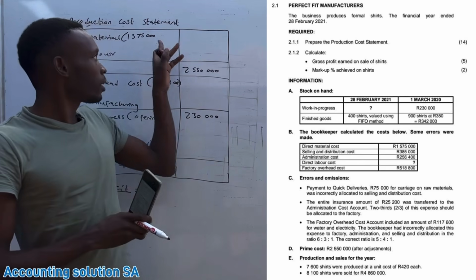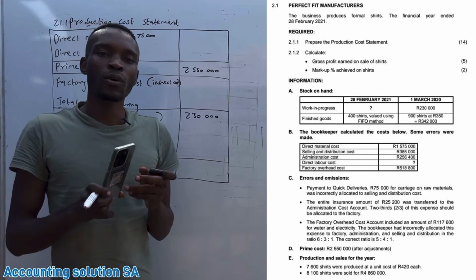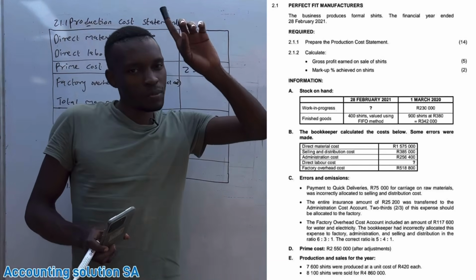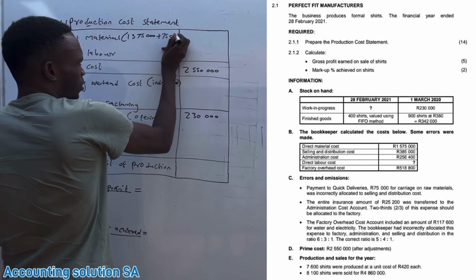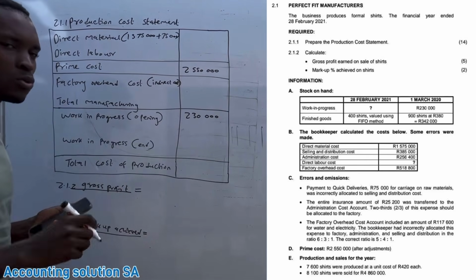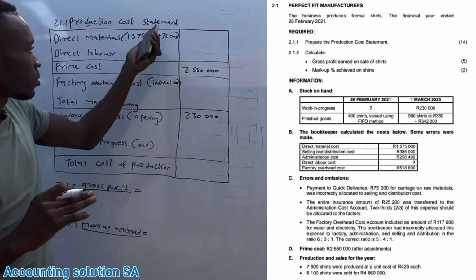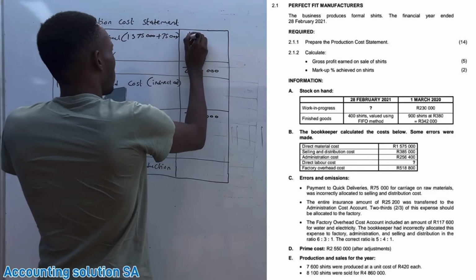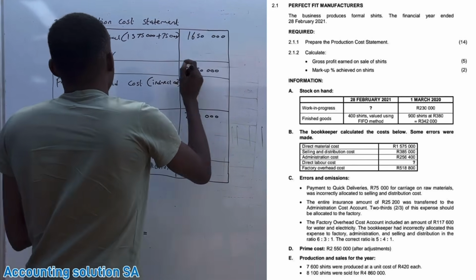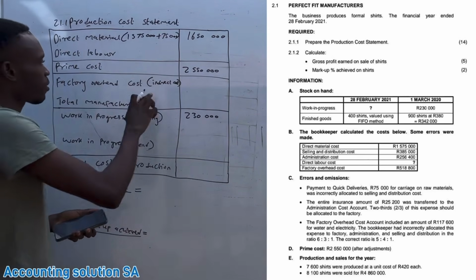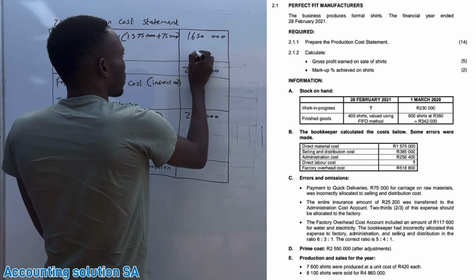It was supposed to be here, and they recorded it under selling and distribution by mistake, which means that if we were also required to prepare selling and distribution, we would subtract it on that side and add 75,000 to this side, because it belongs here. But because in this case we don't have a selling and distribution question, we are not going to subtract it anyway. We're just going to add it here, and it's going to give us 1,650,000. Obviously, they are not going to give us direct labor because they give us the prime cost, which means we just have to take this one minus this one, and it's going to give us 900,000.